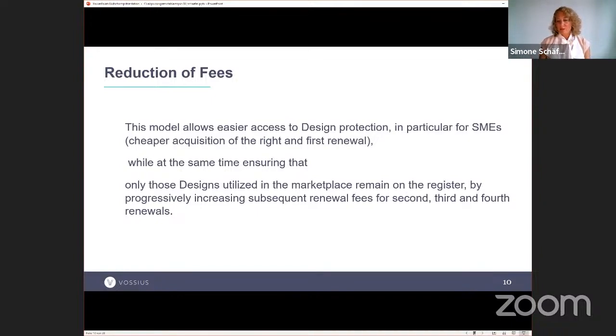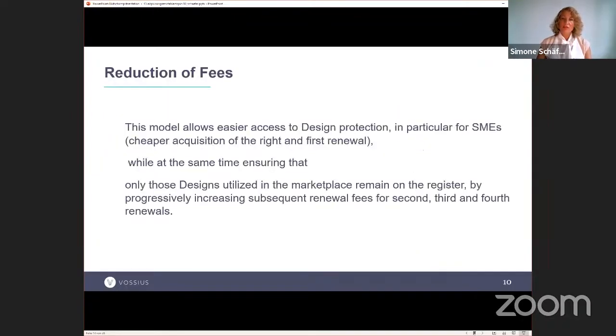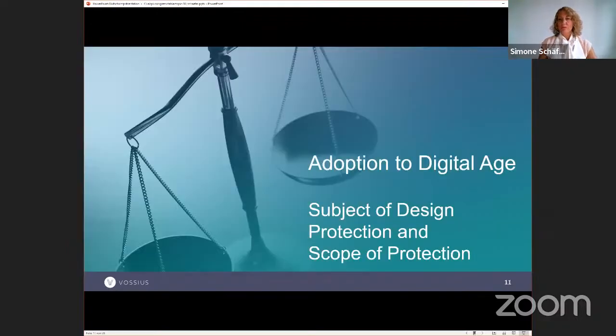And at the same time, as you can see here, the renewal fees will be higher at each period of renewal. We can have protection for 25 years all in all, and each period of renewal will be more expensive, so that also the registry will be more free from product designs which are not marketed anymore.